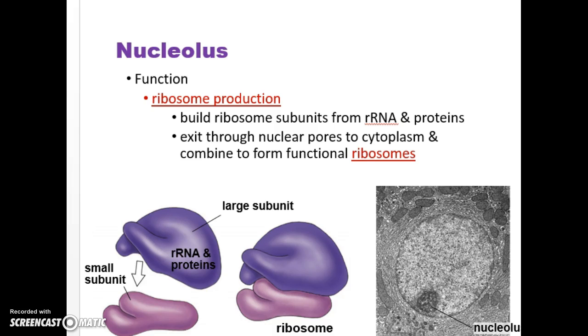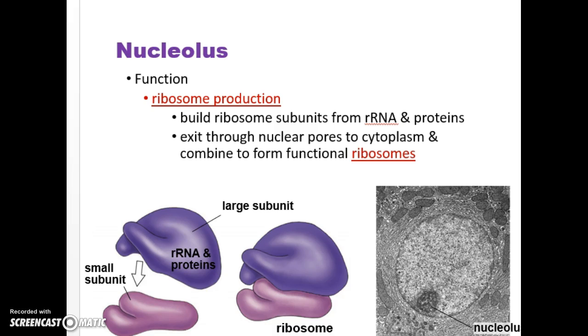So those subunits together are what actually translate the messenger RNA into a protein. But they must be made in the nucleolus first and then exported out through the nuclear pore to the cytoplasm in order to make a functional ribosome.